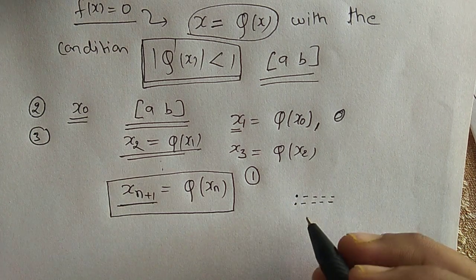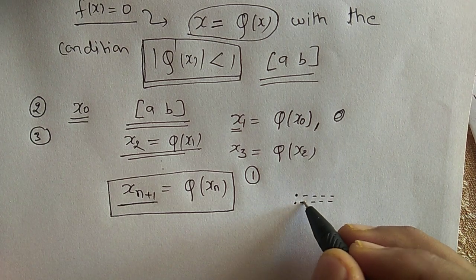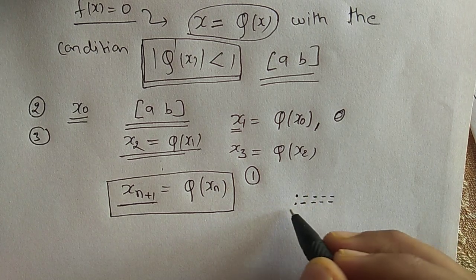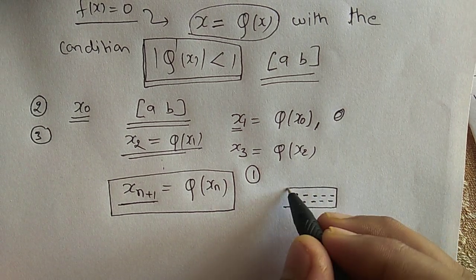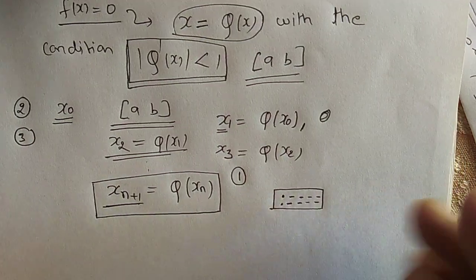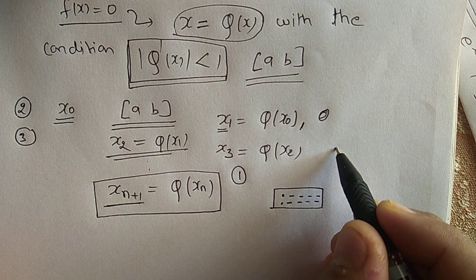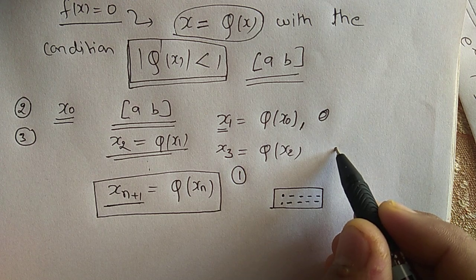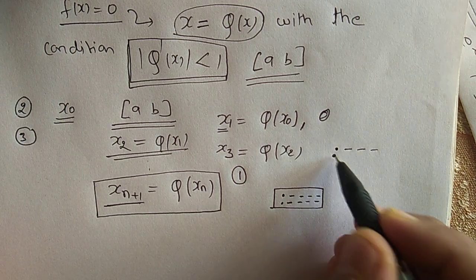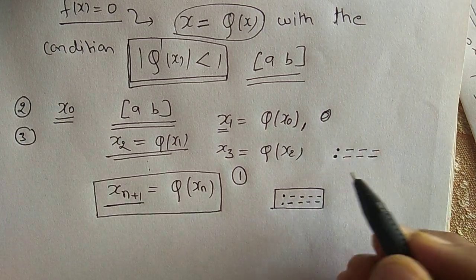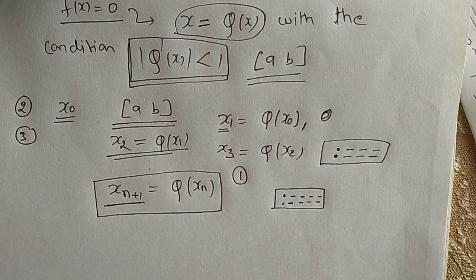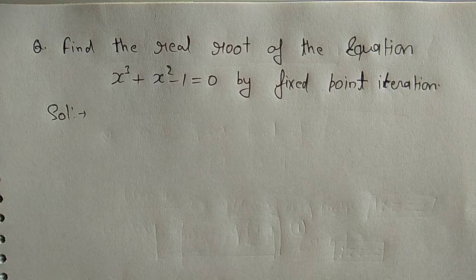If the 4 digits after the decimal are the same, we say accuracy up to 4 digits. If you want 3 digits, you keep on doing the procedure until the 3 digits after the decimal are the same for 2 consecutive iterations. Then we stop the iteration. So this is the procedure to stop the iteration.